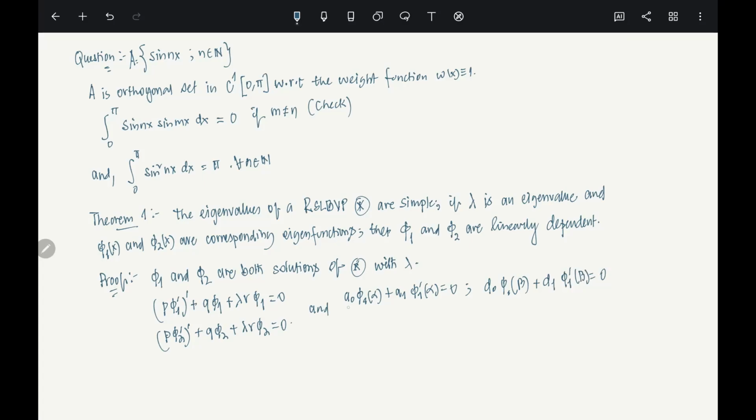And similarly phi2 also satisfies this: A0 phi2 at the point alpha plus A1 phi2' at the point alpha is 0, and correspondingly D0 phi2 at the point beta plus D1 phi2' at the point beta is going to be 0.